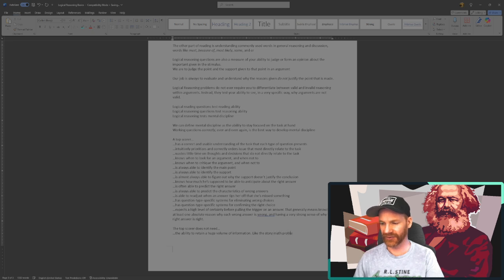Like the story math problems we learned in elementary school, we don't need to be accountable to every piece of information in the problem.